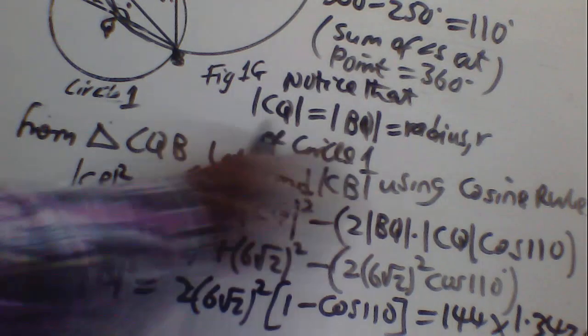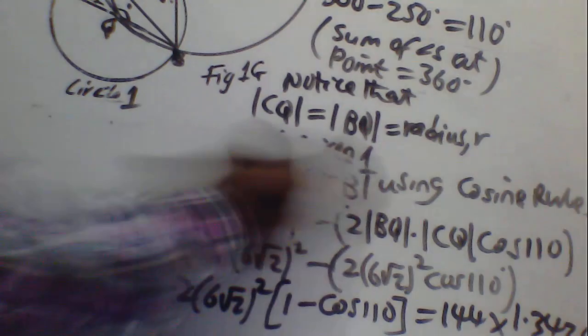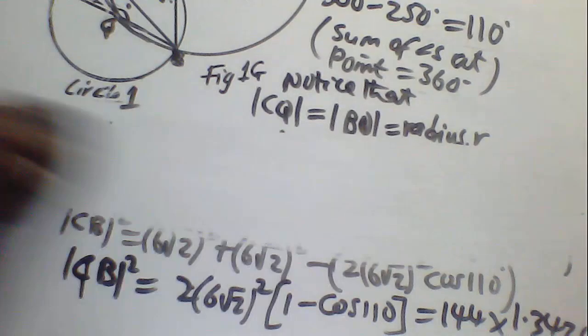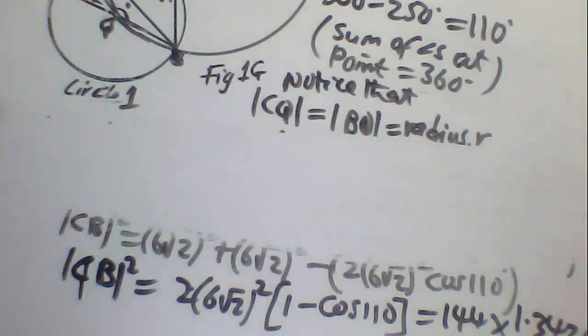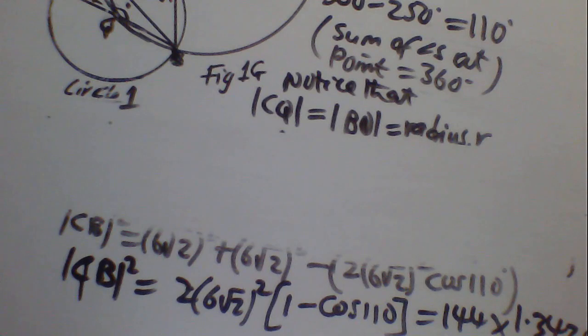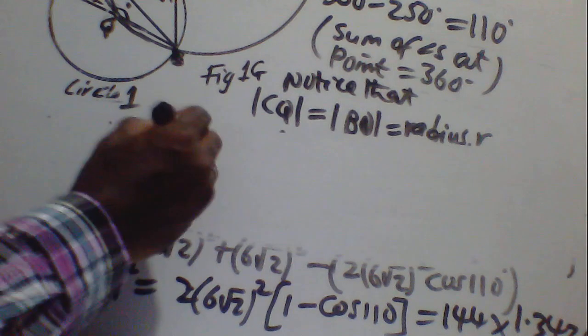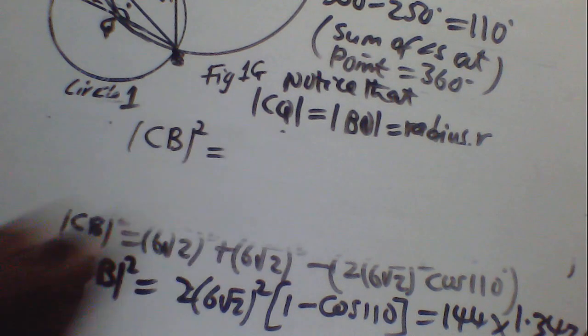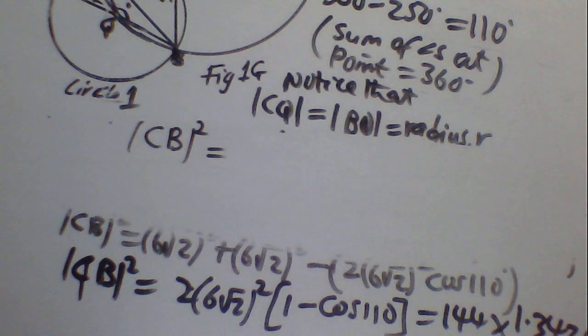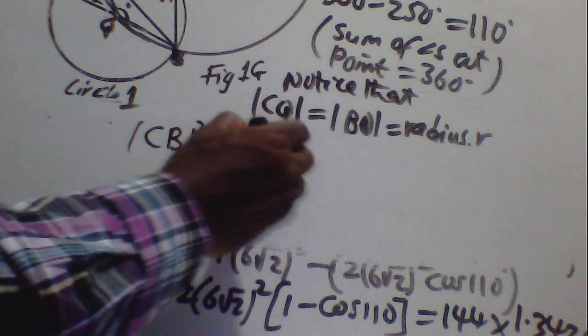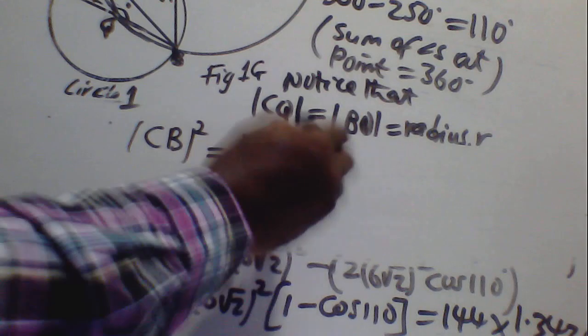So from here we have CB squared is equal to 144 multiplying 1.342, which will give us 193.248.